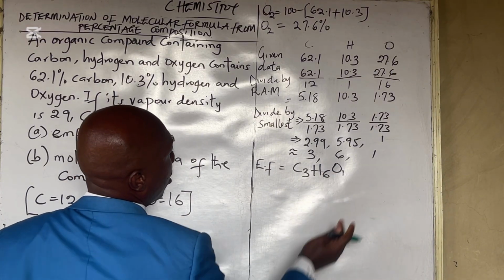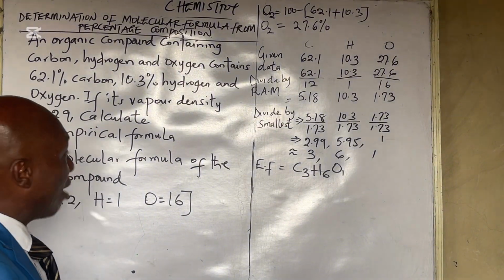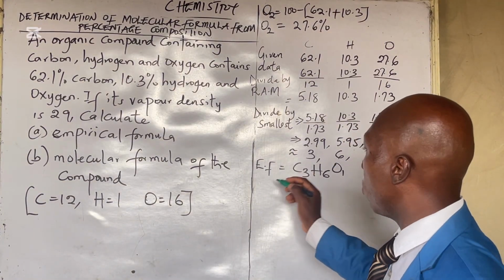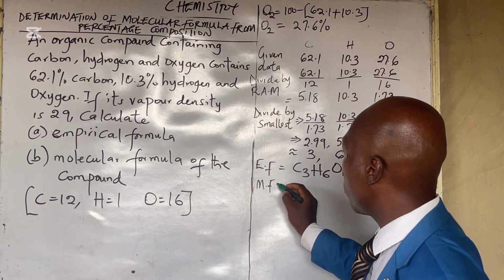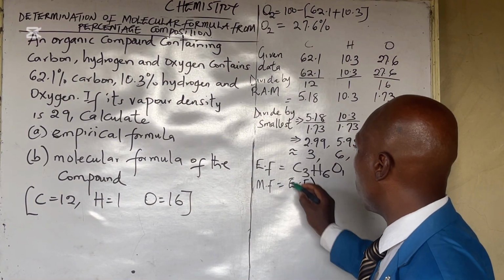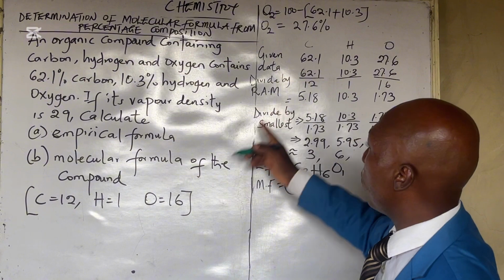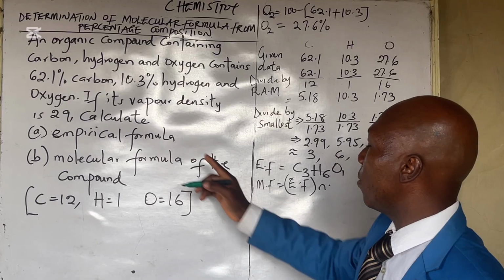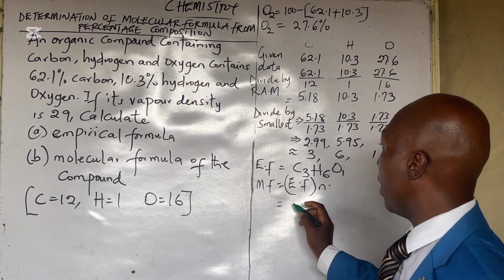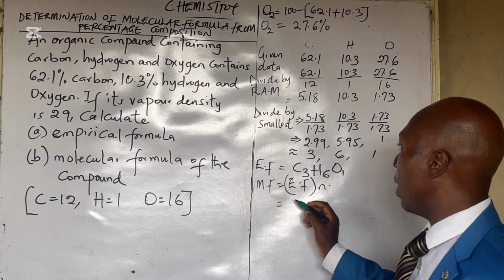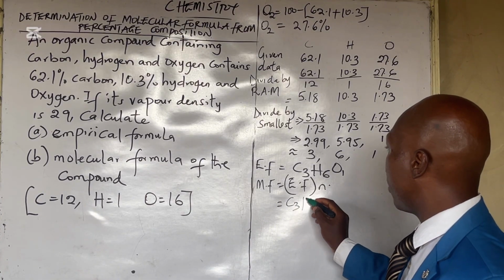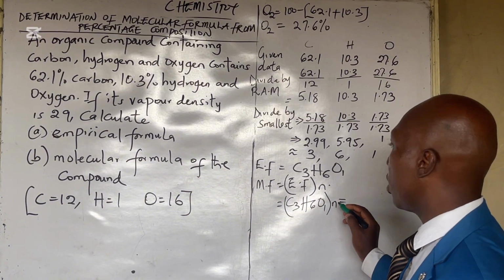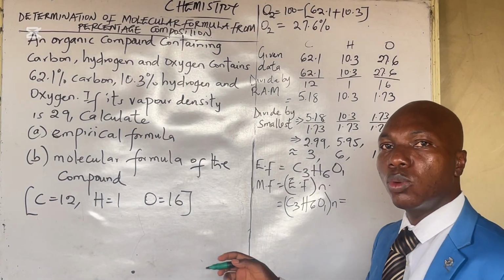So this is the empirical formula. But we're asked to calculate the molecular formula given the vapor density. From here, we know that molecular formula is empirical formula in bracket N. So molecular formula is given as the empirical formula, that's C3H6O1, in bracket N, which is equal to the molecular mass, that is 2 times vapor density.